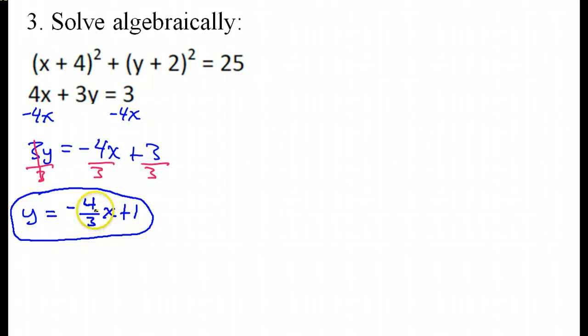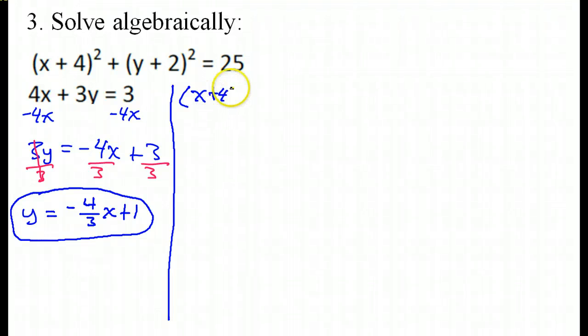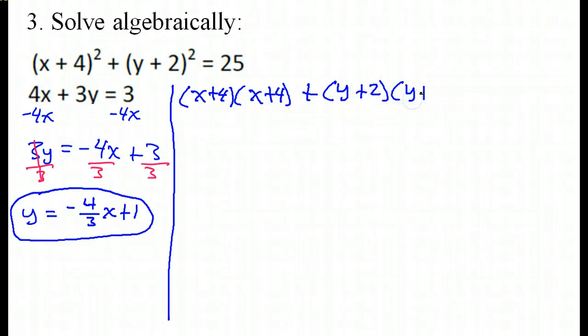Okay, now this is ugly. Eventually I'm going to have to plug this into the other equation. But this time we will have to actually go ahead and rewrite this in general form. We have to multiply all this out. So x plus 4 squared means x plus 4 times x plus 4. And y plus 2 squared means y plus 2 times y plus 2.